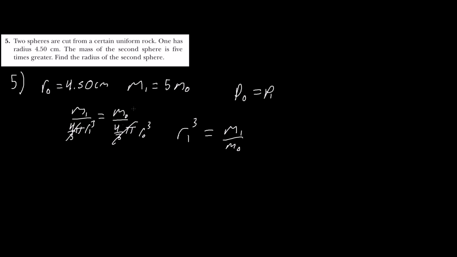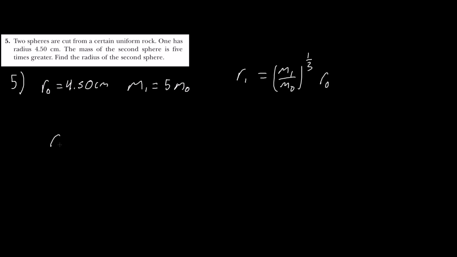So this is going to move towards this side, and this is going to be r naught cubed. So in other words, the formula here is going to be M1 over M naught, we're going to take a third of it, times the radius R naught.